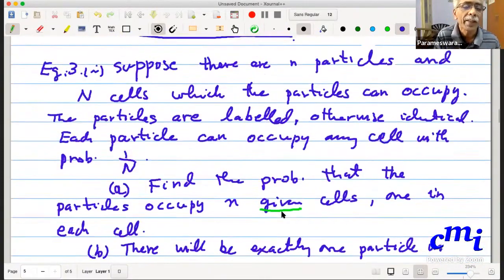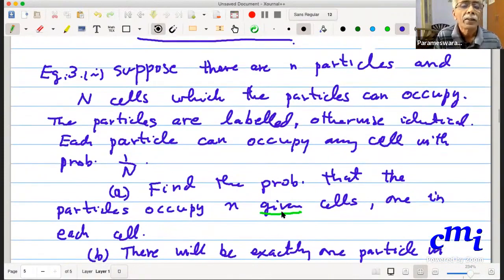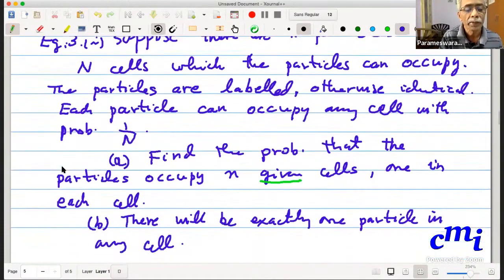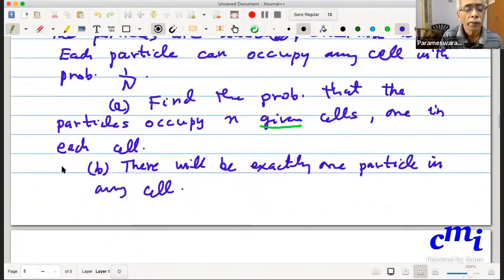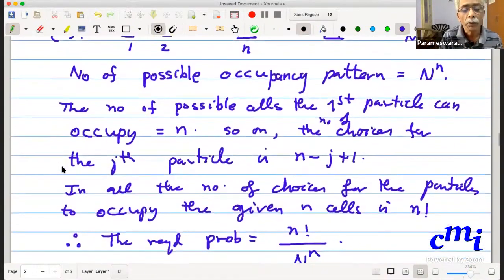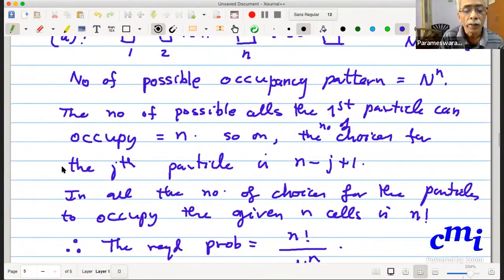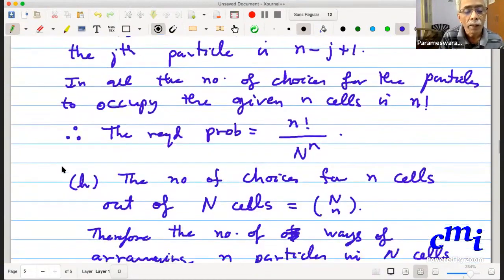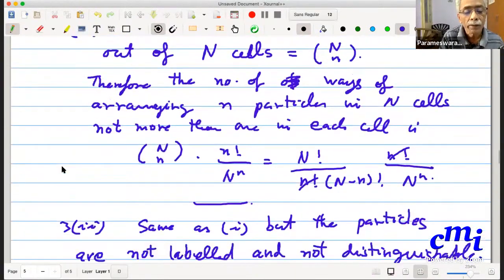The first thing is what is called Boltzmann statistics, the next one that we worked out is Bose-Einstein statistics, and the last one is Fermi-Dirac.